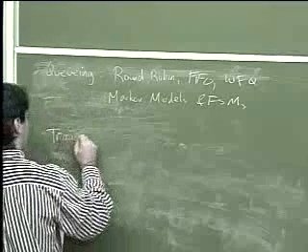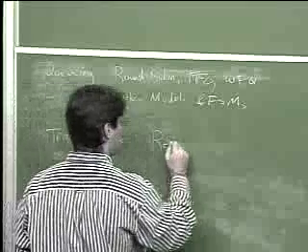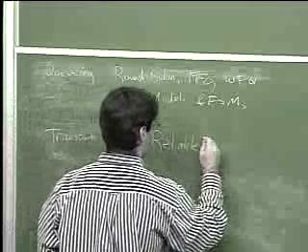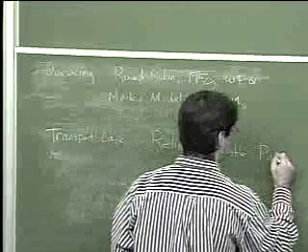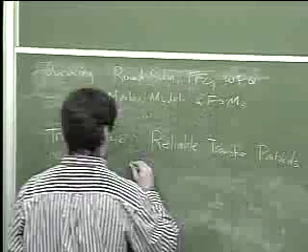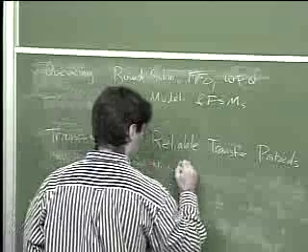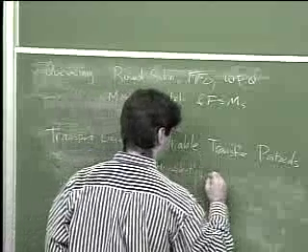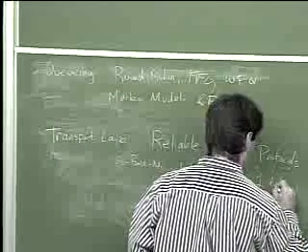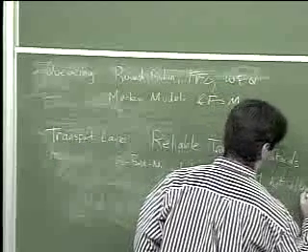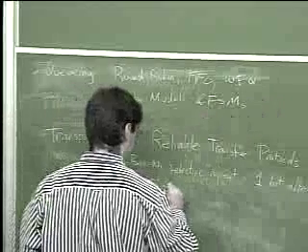And there's transport. Reliable transfer protocols: Go back N, selective repeat, one bit alternating, using FSMs.